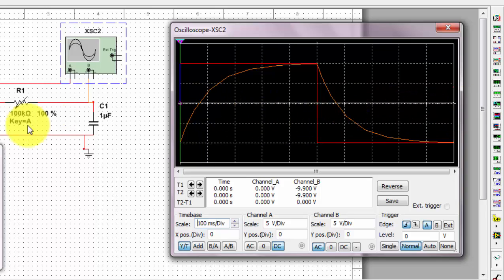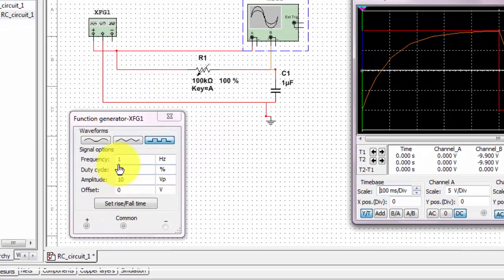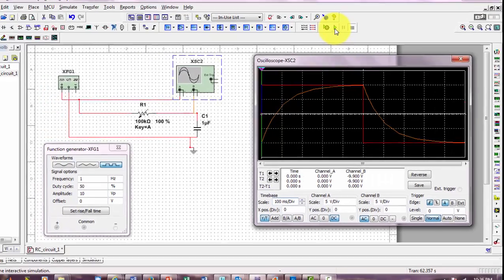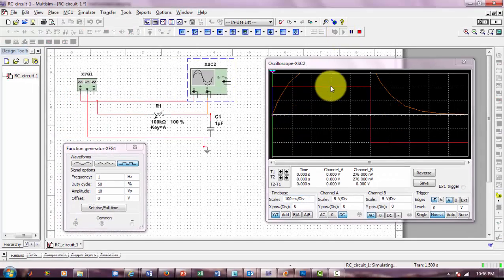So this is 1 second, since this has a frequency of 1 Hertz, and 1 over the frequency gives us a time period of 1 second. So let's run this simulation. And it's going to take time. Let the computational algorithms take over.